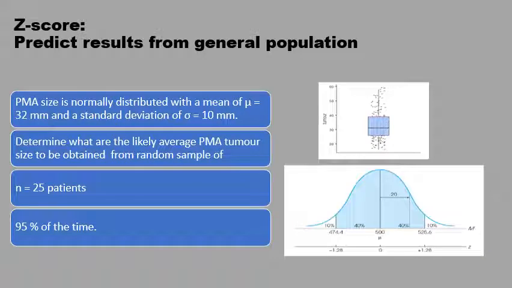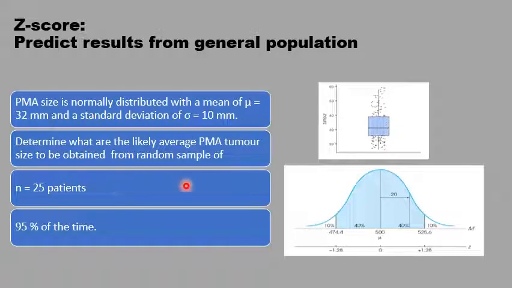Another application for the z-scores. Say another surgeon wants to do some parotid surgery and wants to know how likely it is that he will get tumors of certain sizes, pleomorphic adenomas, if he is doing, say, something like 25 patients in a year, 2 patients per month or so.